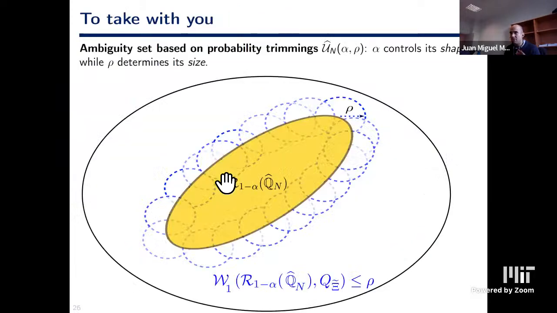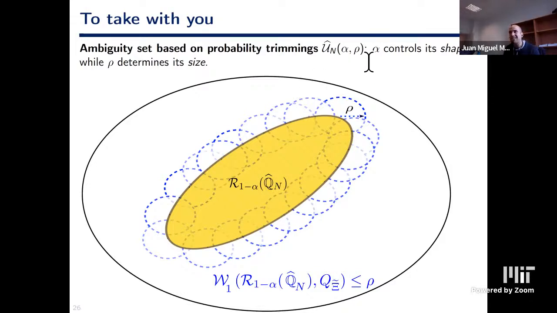I do have this illustration to show in an intuitive way what I mean. In our case, the Wasserstein ball can be centered at any possible distribution within this trimming set. Our ambiguity set is going to depend on 2 parameters, alpha and rho.